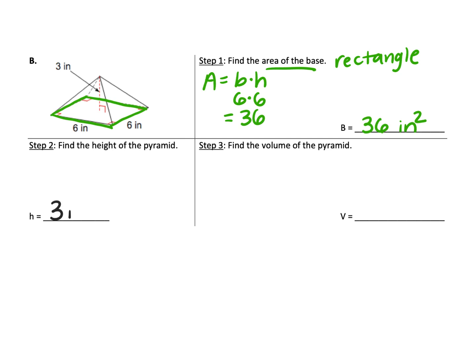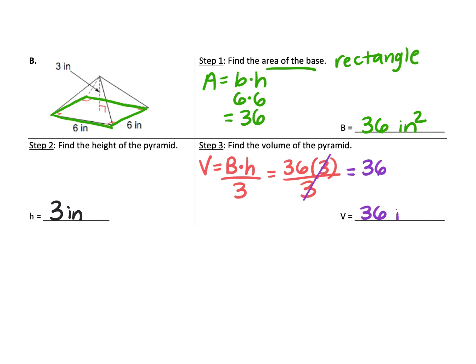It's 3 inches. And now we can find the volume. Area of the base times the height divided by 3. So that's 36 times 3 divided by 3. Now notice that there's a times 3 and a divide by 3. Those are inverse operations. 3 divided by 3 makes 1. So that actually just cancels out and we're left with 36, meaning the volume of this square pyramid is 36 cubic inches.